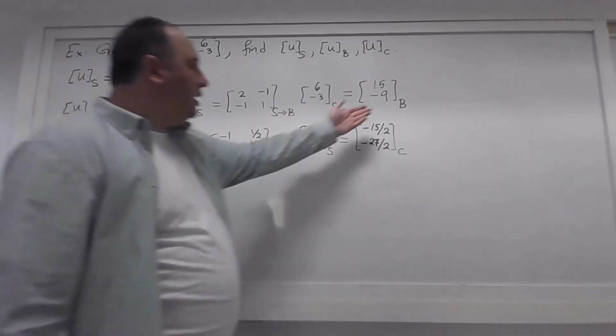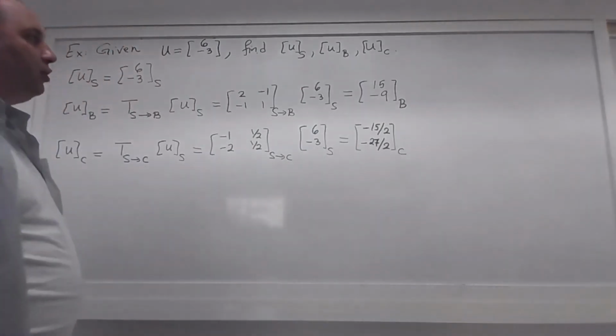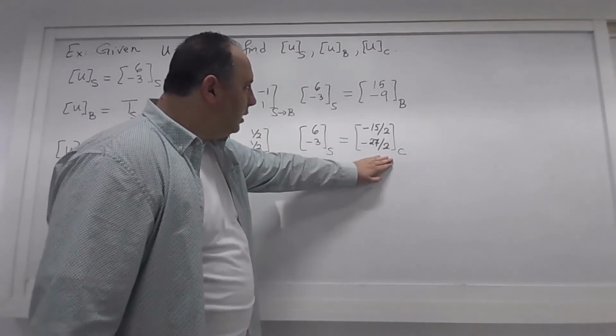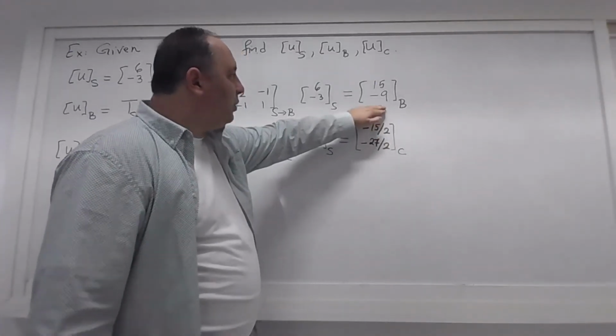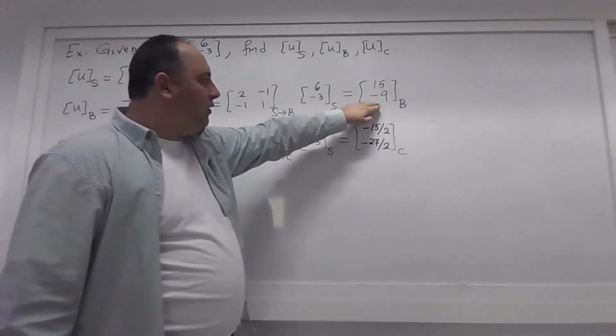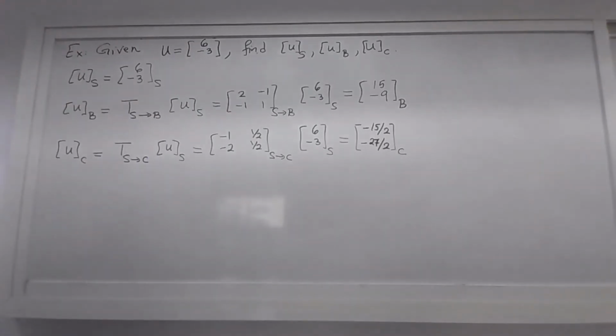But in any other basis you will have different coordinates. So these coordinates in basis C and these coordinates in basis B represent the same vector u. Same guy, two different sets of coordinates relative to different bases. That's normal.